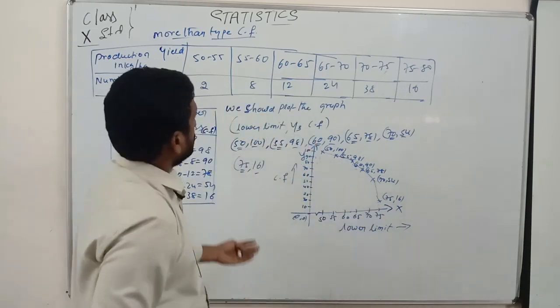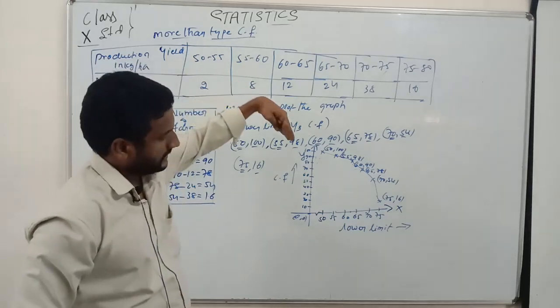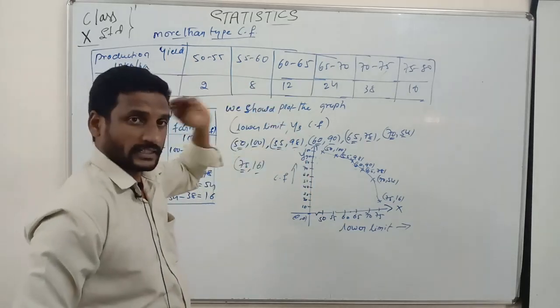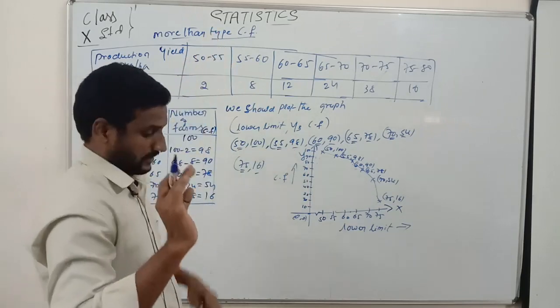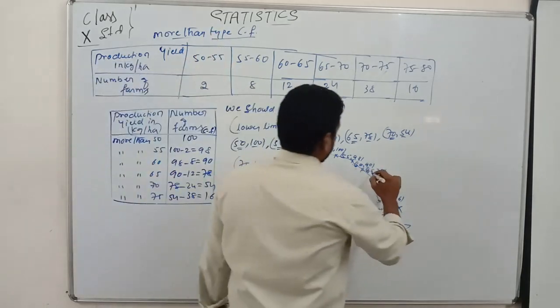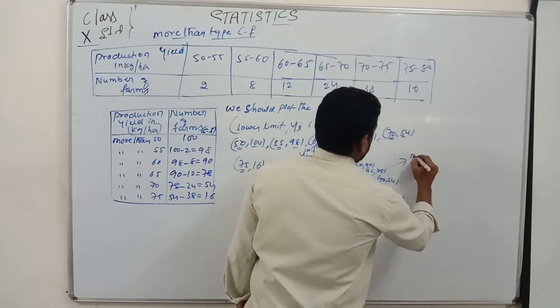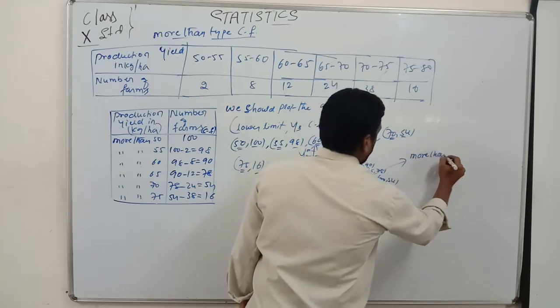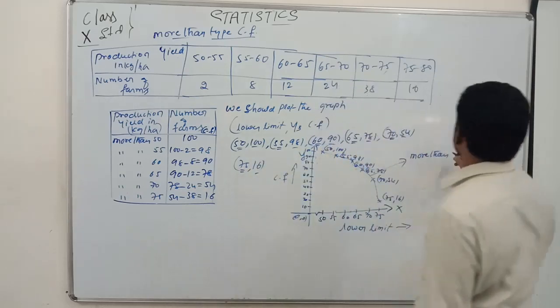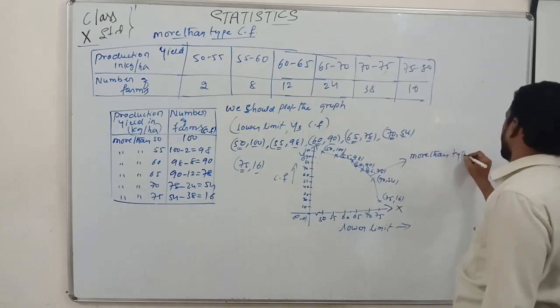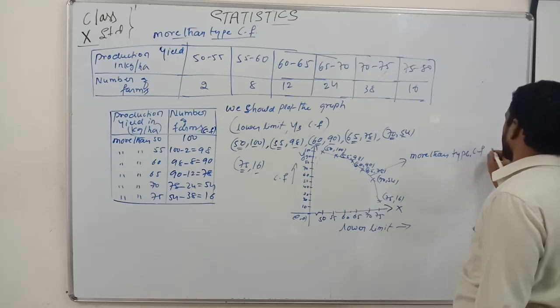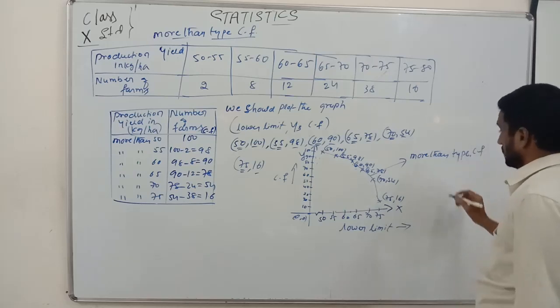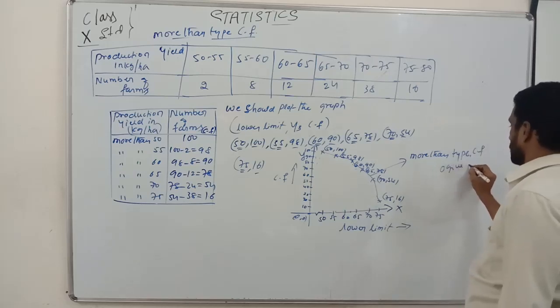For the more than type you get a downward graph, whereas the less than type ogive curve goes upward. This is called the more than type cumulative frequency curve, or simply the ogive curve.